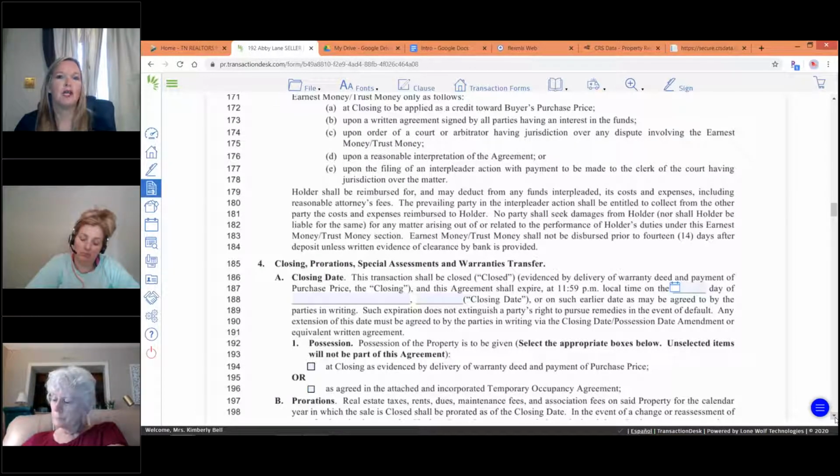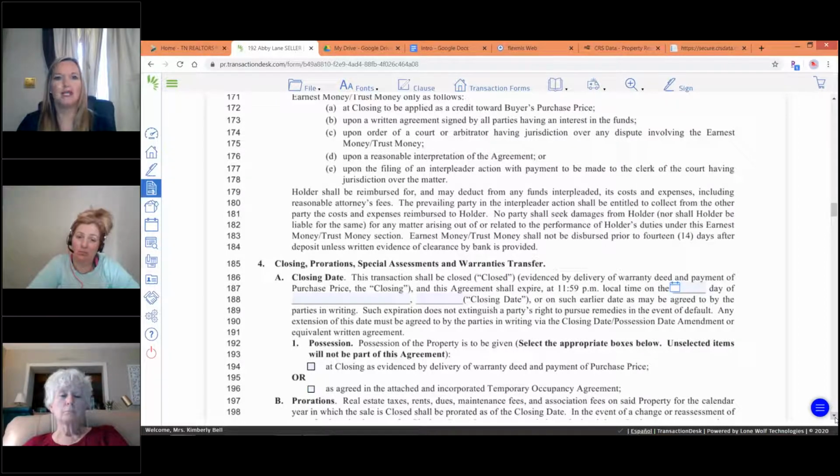So say you're selling a $30,000 house and they decide they're going to put in earnest money of $30,000. They put it in and you close in 7 days, and the real estate office that is holding the earnest money writes a check to the title company for $30,000.